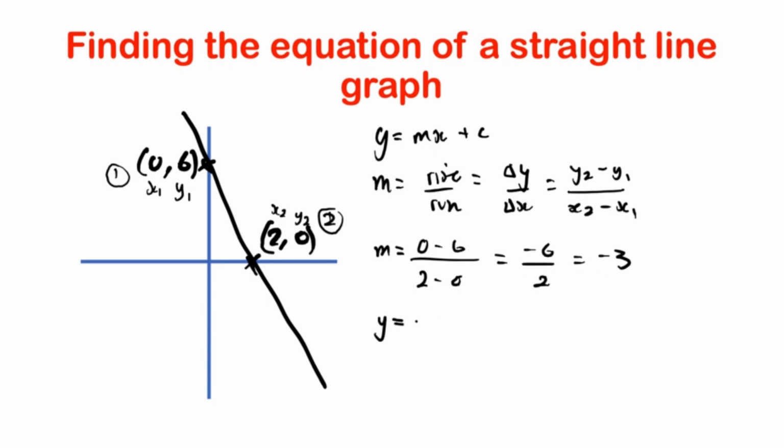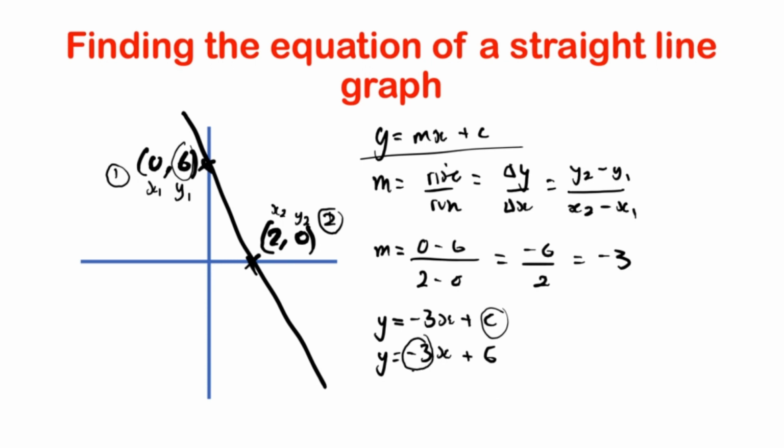Then you substitute that inside your equation, and all you need to find is the y-intercept. Again, the y-intercept is where the line crosses the y-axis, at 0, 6, so where the y value is 6. So your equation will be y equals minus 3x plus 6.